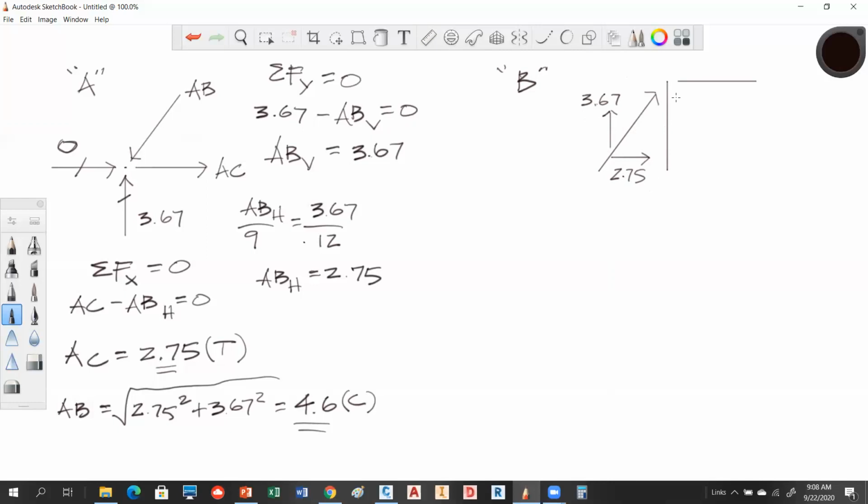For this joint to be in equilibrium, doesn't this have to be down? So these two guys have to cancel, right? And because this is pure vertical, and this is pure horizontal, this guy's acting right, so this guy has to act left. So my joint's really out here, and this is what I'm going to call member BD.